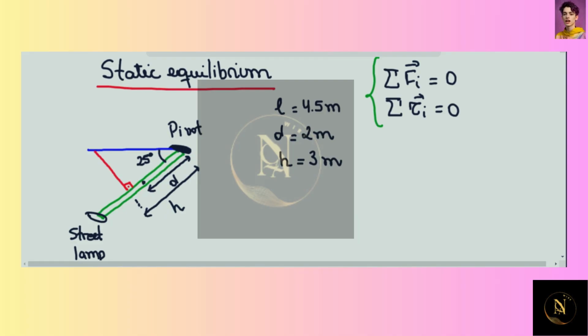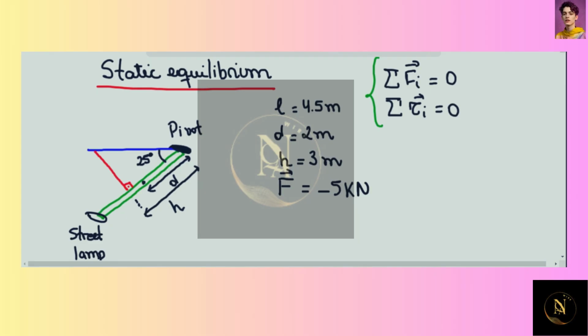And also, we have the information that the tension on the cable is equal to 5. I'm sorry, not the tension on the cable. This is the force that the street lamp exerts on the beam downwards, equal in magnitude to 5 kilonewtons.